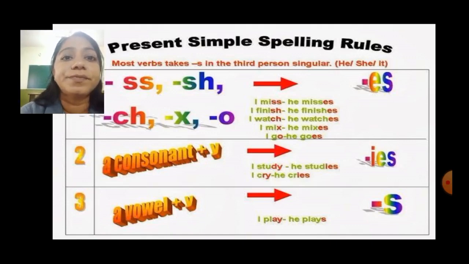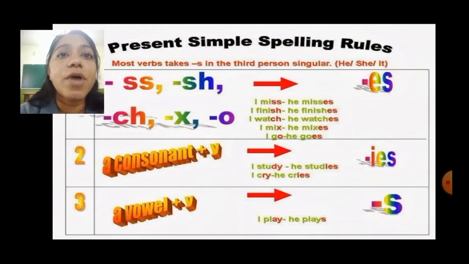He goes. Now, a consonant plus y, that is, the verb ends with y and it has a consonant before it, we will remove y and we will add ies to the form. I study. We will say he studies.